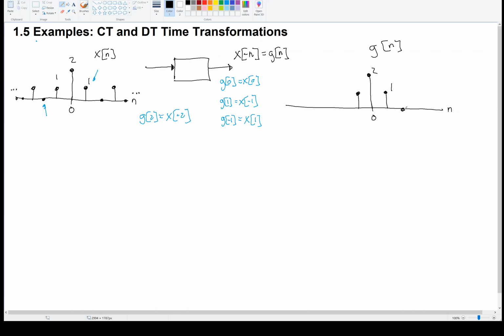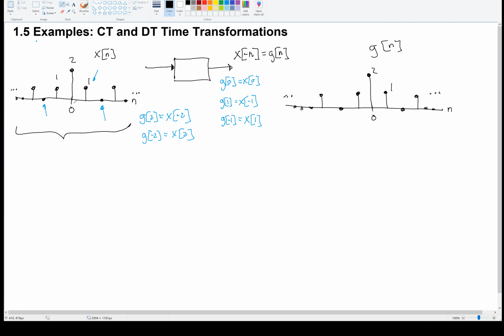So that's going to give us a 0, and then if I wanted g of minus 2, that would be x of 2, which would be this sample. So that would be this guy here. And you see, after the transformation, I get back the same signal. See that? X of n is equal to g of n. And that is, of course, due to the symmetry of the signal x of n.